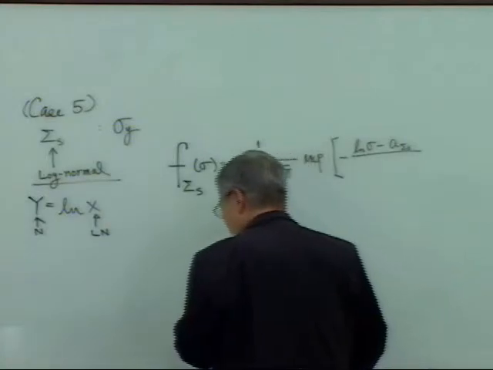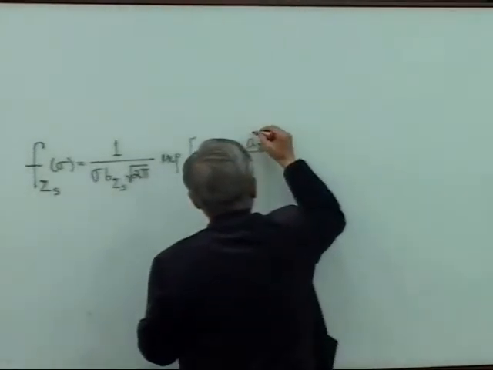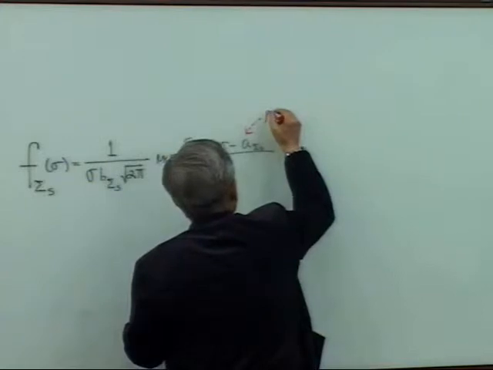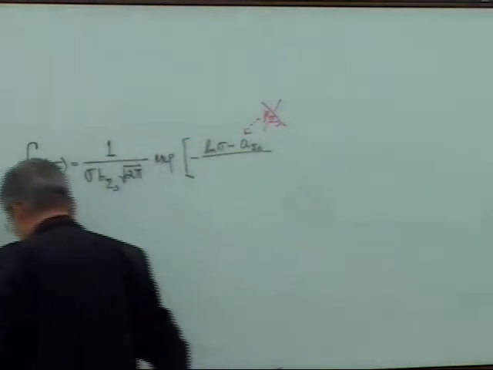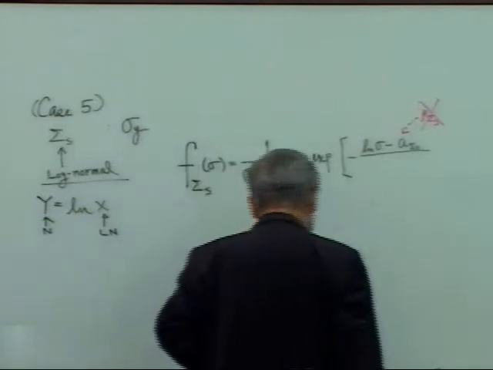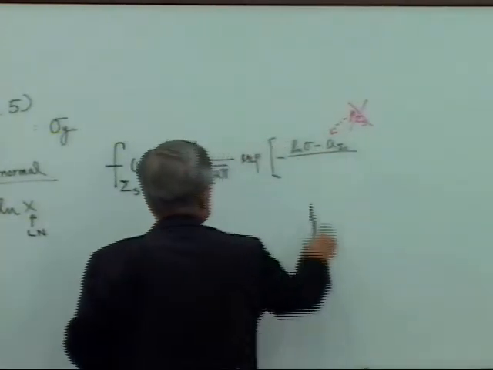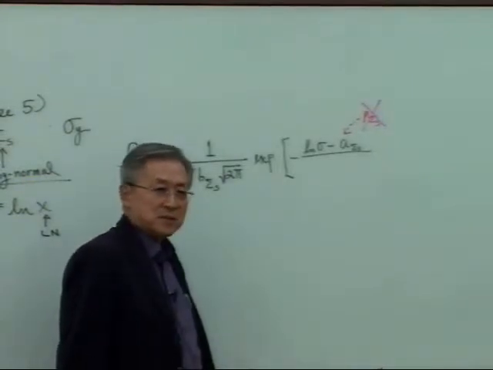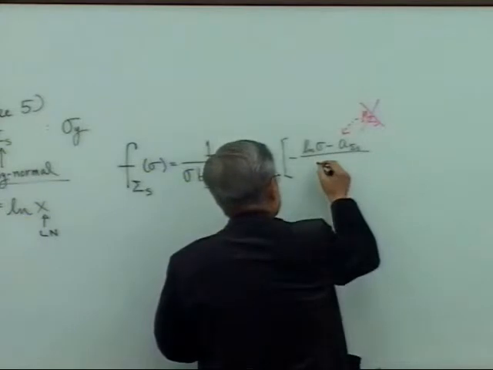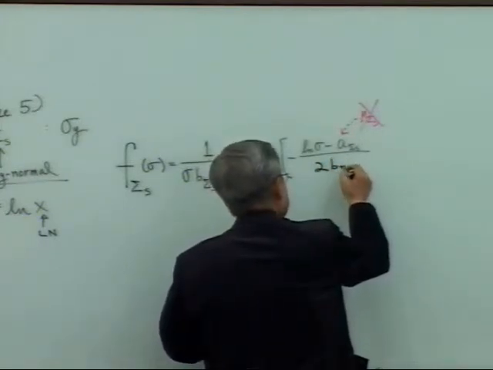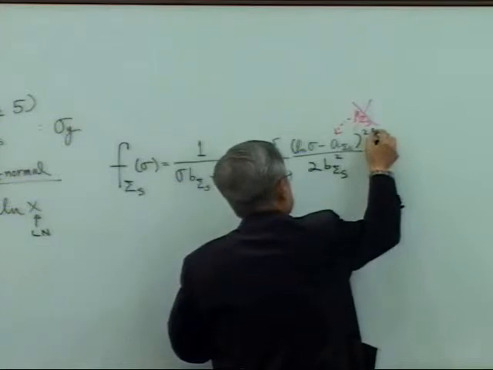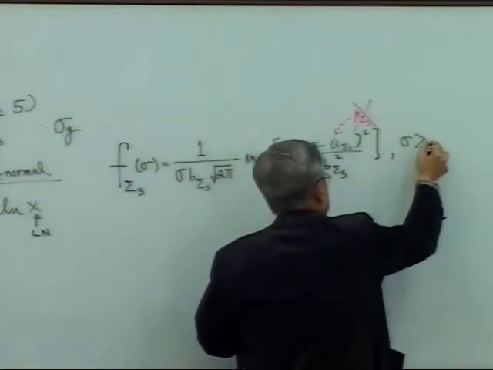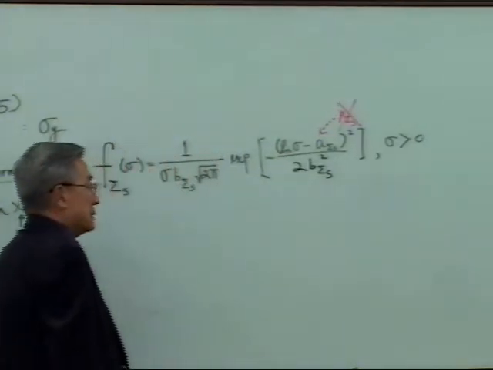I used a notation like mu sigma S, and that was confusing, so change that to A subscript sigma S, and 2B sigma S squared, and this squared. Of course, sigma is greater than 0.